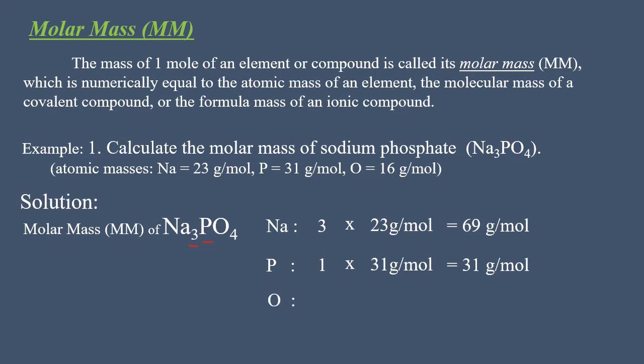While for oxygen, we have 4 atoms, so we multiply 4 with its atomic mass, which is 16 gram per mole, and that is equal to 64 gram per mole. And we'll get the sum, and that's our molar mass. The sum is 169 gram per mole. So the molar mass of sodium phosphate is 169 gram per mole. Isn't it easy?